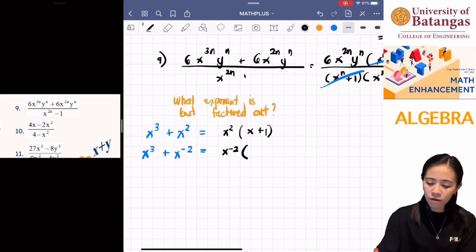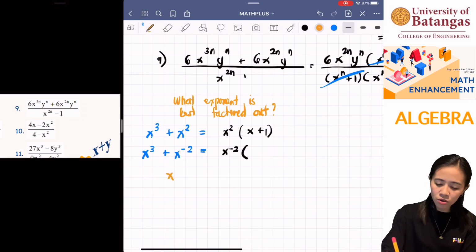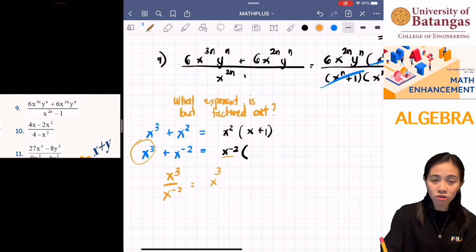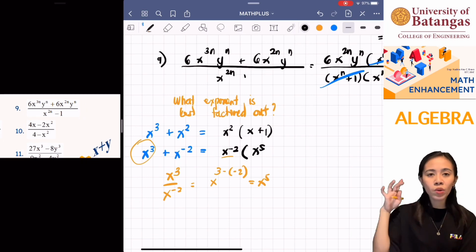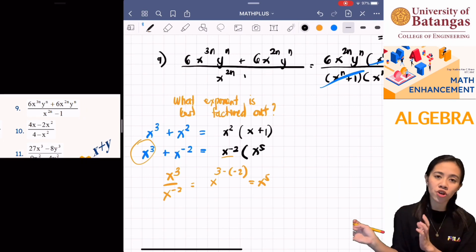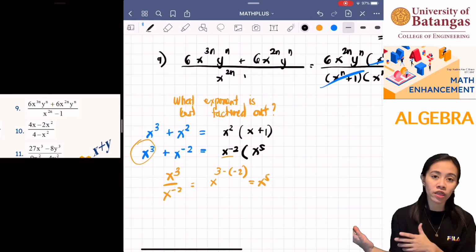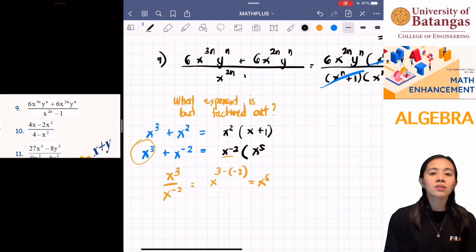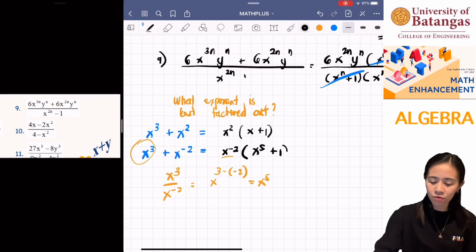Kasi halimbawa, dinivide ko x cubed divided by x raised to negative 2, that would be x raised to 3 minus negative 2. So magiging x raised to 5 yung sagot natin. Di ba? It will leave the remaining terms still in a positive exponent. So parang ang nilabas lang natin, the variable with the negative exponent. And then plus 1. So yun.